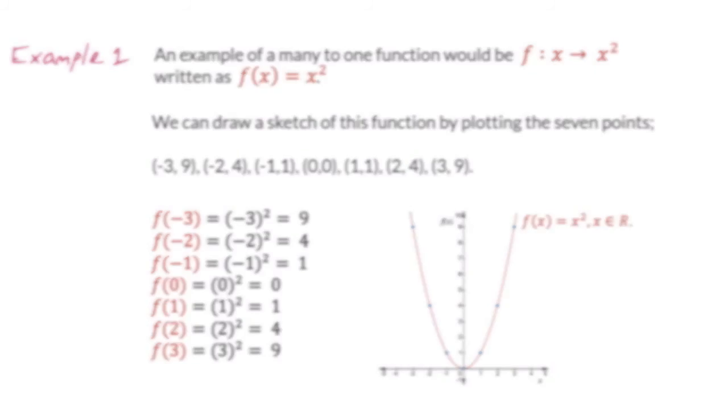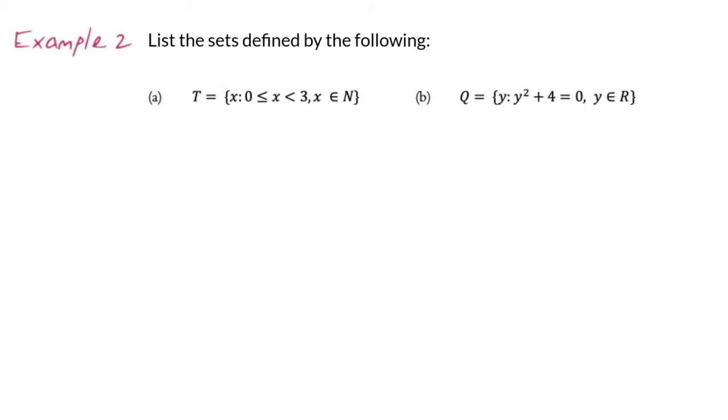If we look at another example, we want here to list the sets defined by the following. So first of all, for part A, we can see that we have T, which says that x is such that x is greater than or equal to 0, less than 3, and x is a member of the natural number set.